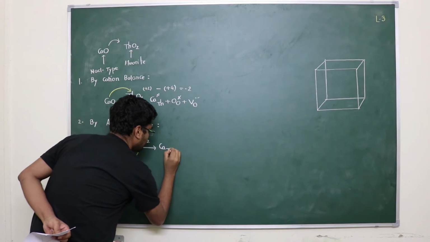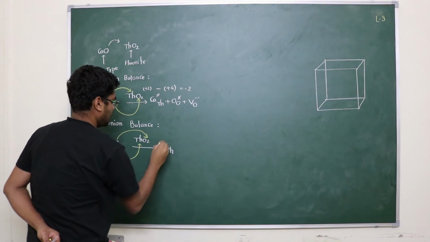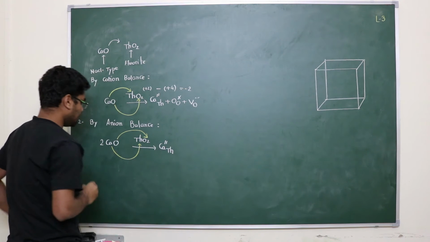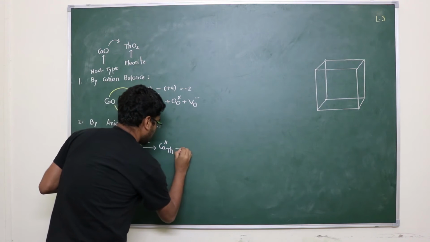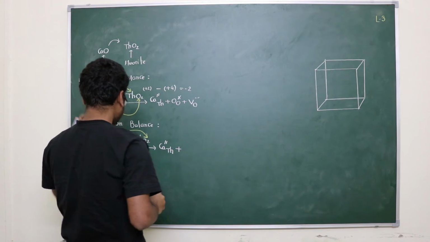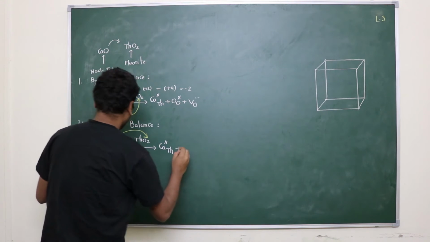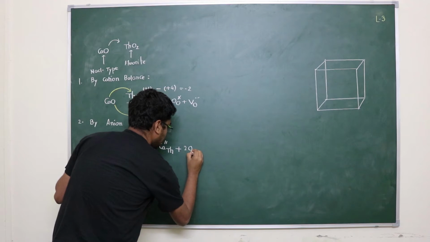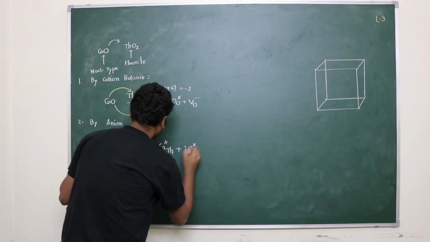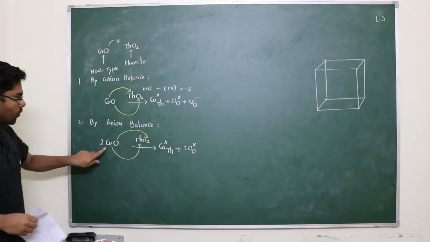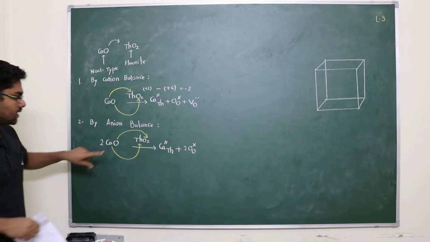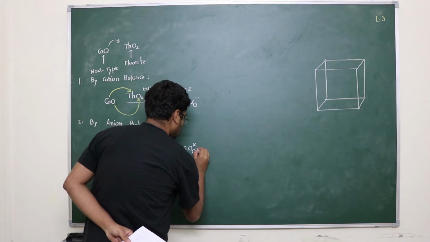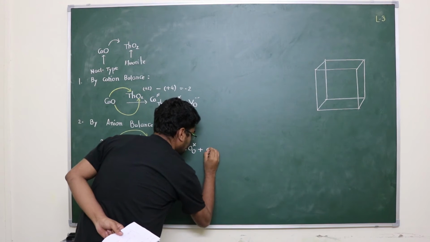CaO going to thorium, giving 2 negative charge, plus 2 oxygen going to oxygen side, giving 2 negative charge, and 1 calcium is remaining here, so that will go to interstitial site.